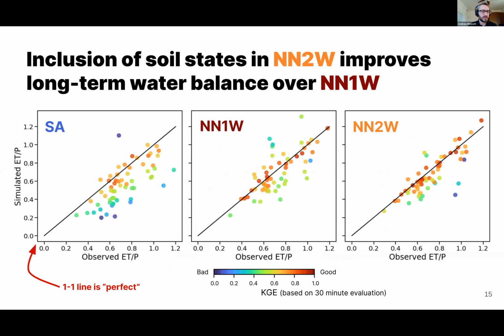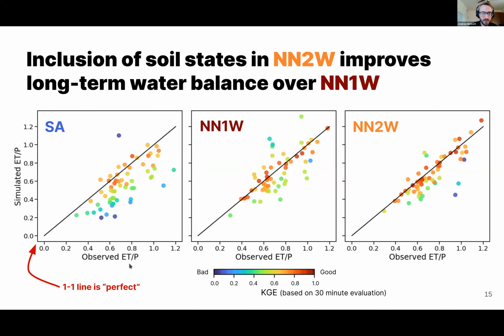We were trying to look at this from a hydrologic perspective. And what we found was that the inclusion of those soil states, so the actual amount of moisture in the soil, improves the long-term water balance over the one-way coupled neural network.